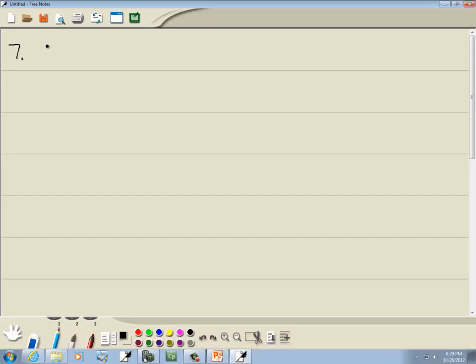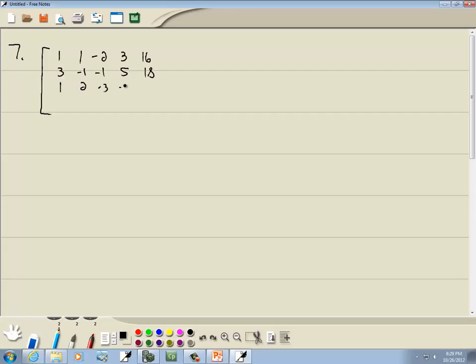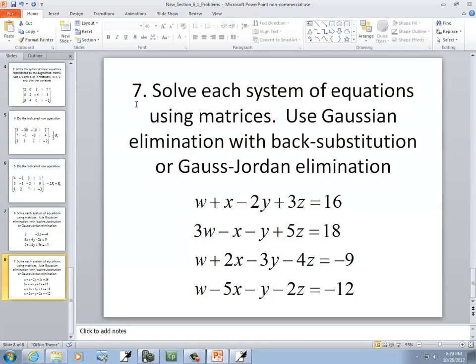Okay, so let me go ahead and write down my matrix. 1, 1, negative 2, 3, 16. 3, negative 1, negative 1, 5, and 18. 1, 2, negative 3, negative 4, negative 9. 1, negative 5, negative 1, negative 2, and negative 12.